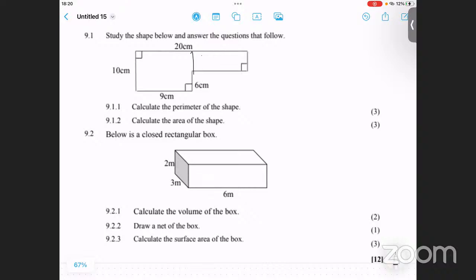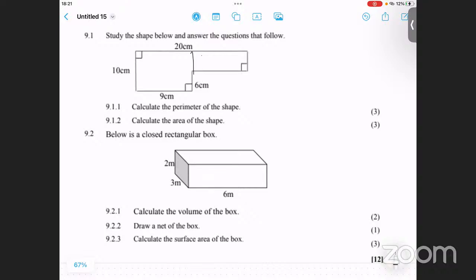Ma'am, you're going to add all the numbers that are given and the one on the side which is not given, but then you're going to half 10 because it is half of the square, since it's a rectangle, and then it's going to give us 50 altogether. Wait, what did you say? How did you get to the 50?